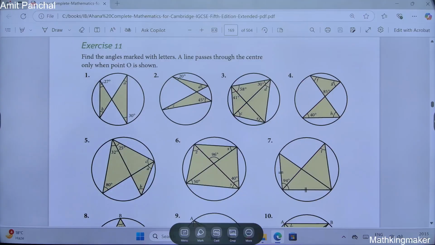Can you find the answers? Very quickly you can go through it.